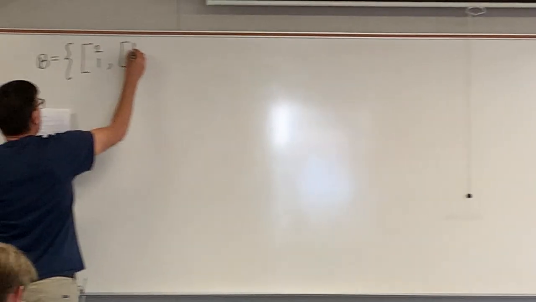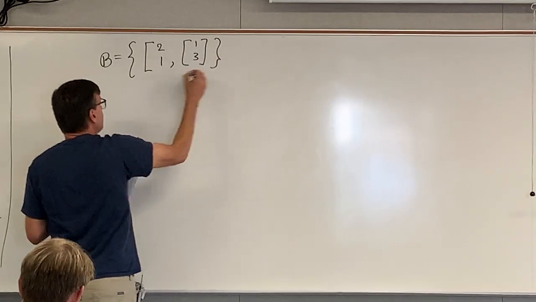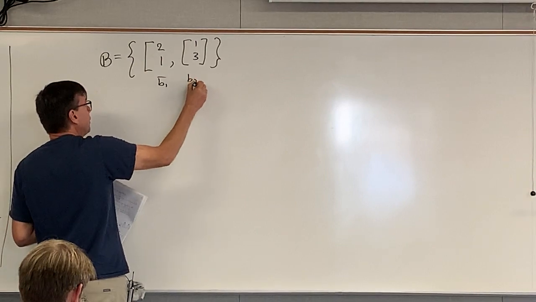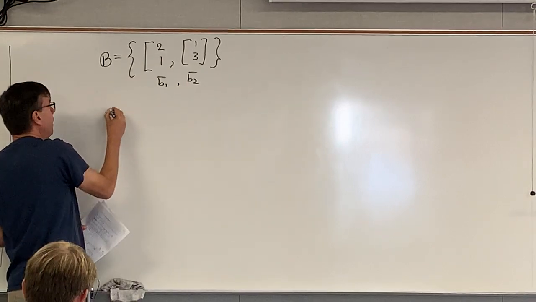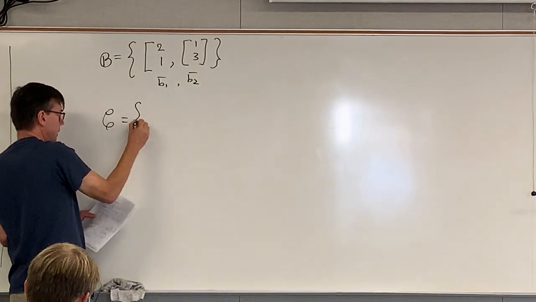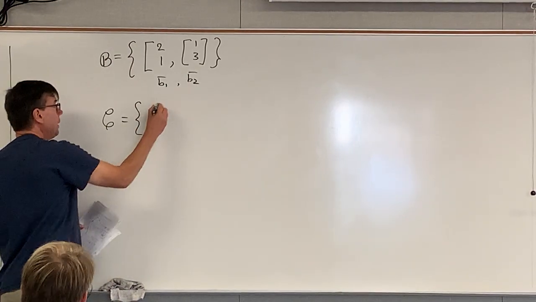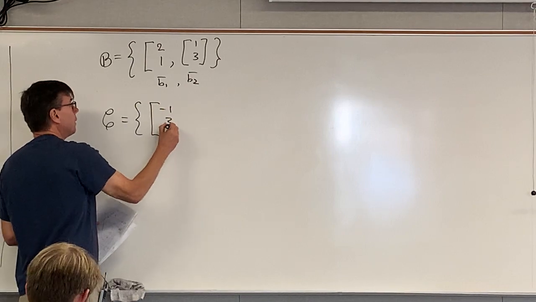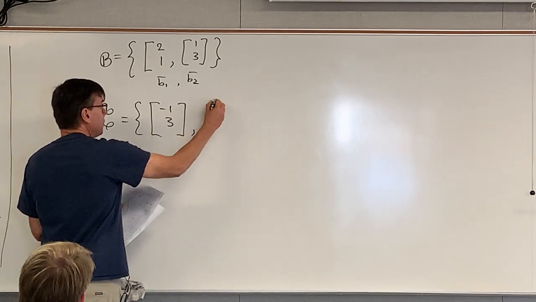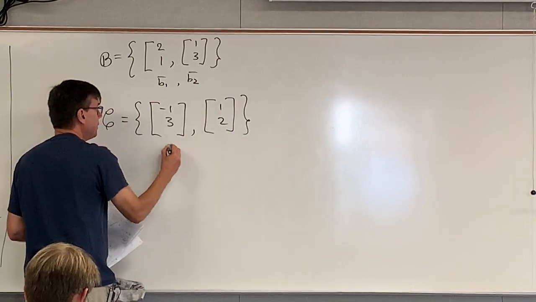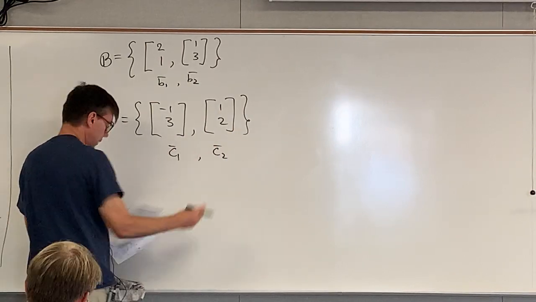So that B basis was (2, 1) and (1, 3). I'm calling those two vectors B1 and B2. And my C basis was (-1, 3) and (1, 2). So I'll call those C1 and C2, right?